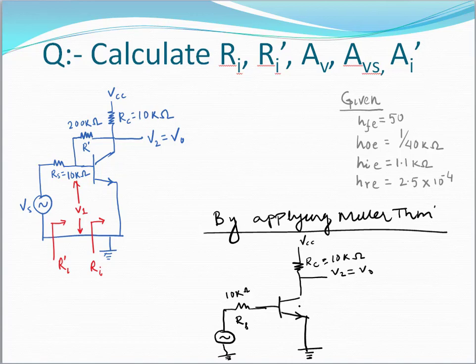Now if we apply the Miller theorem for this resistance, one part will come here in the input side, and one part will come in at the output side. So from here we can draw the resistance.